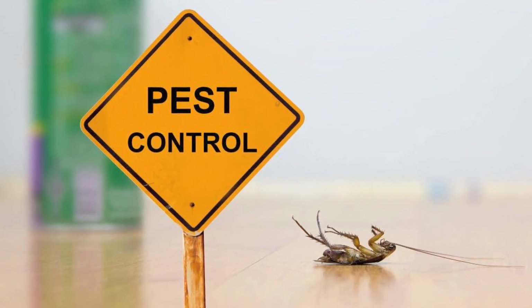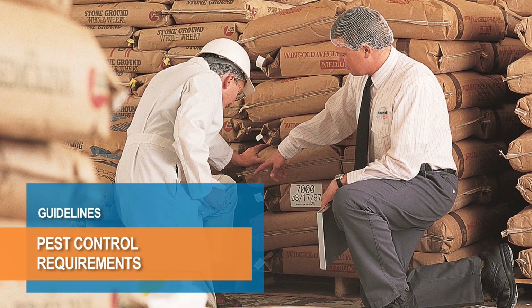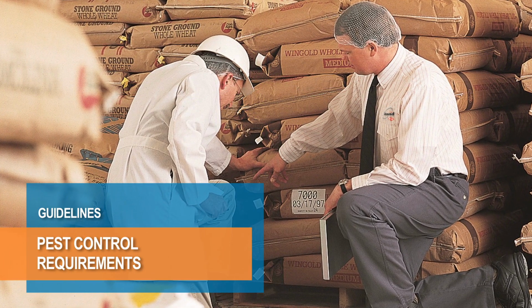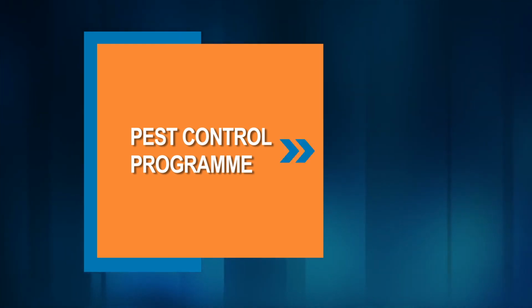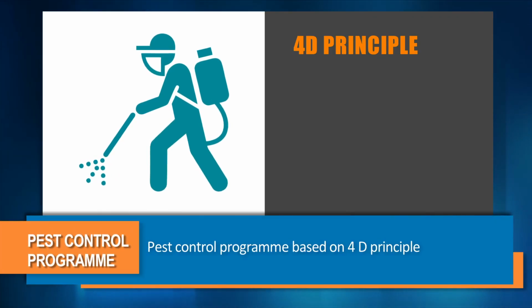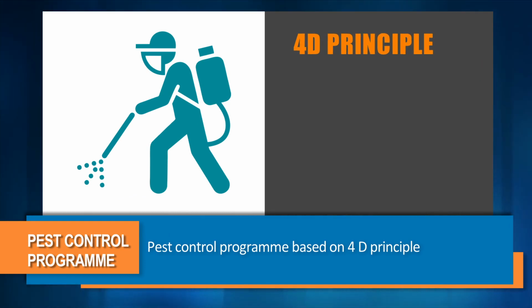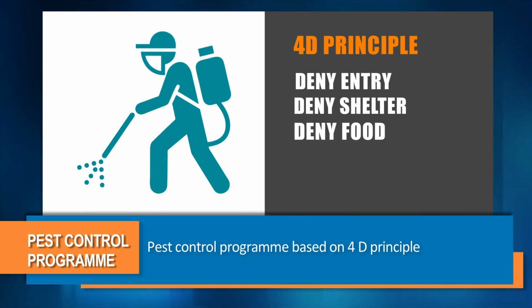In this video, we will learn about pest control requirements to ensure hygienic environment for food manufacturing. The pest control program should be based on the 4Ds principle, that is, deny entry, deny shelter, deny food, and destroy.